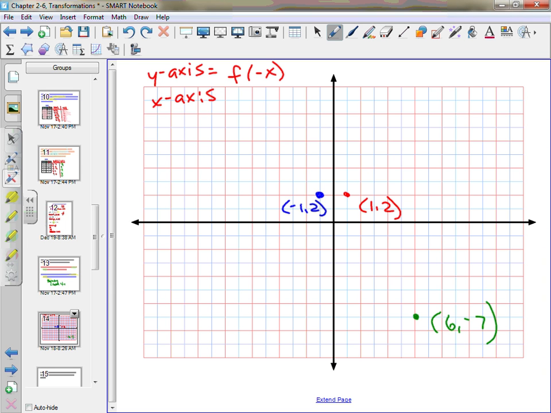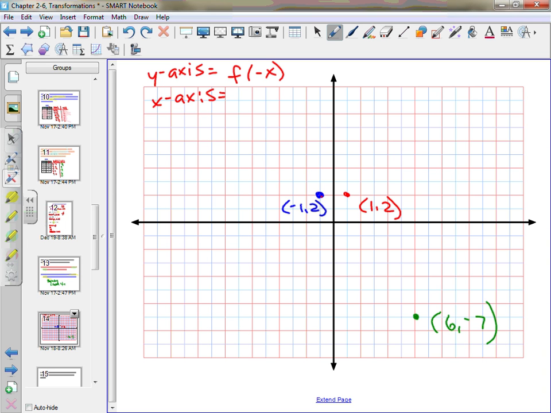Now, what do I want to do whenever I reflect over the x-axis? According to my paint blotch, which is at (-1, 2), where is it going to end up if I reflect over the x-axis?